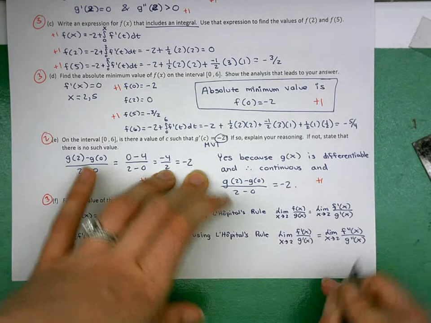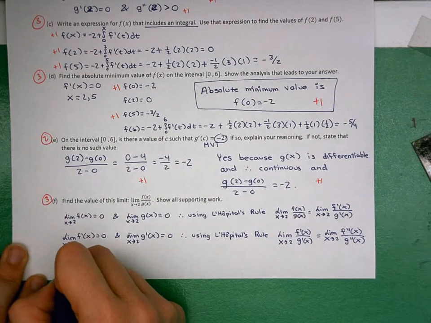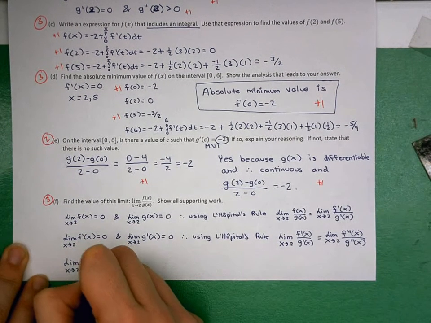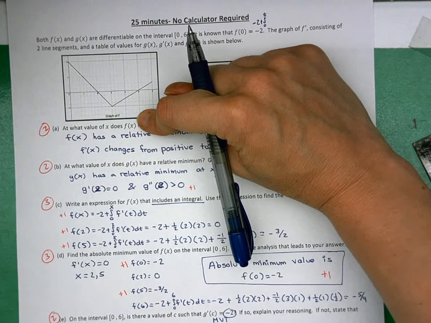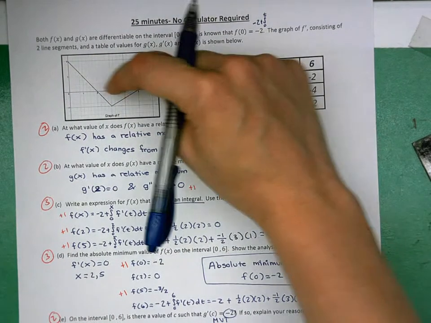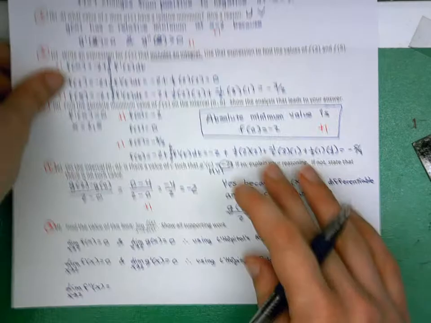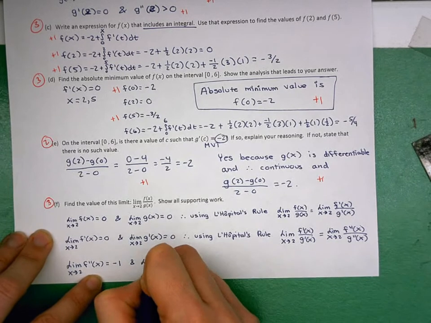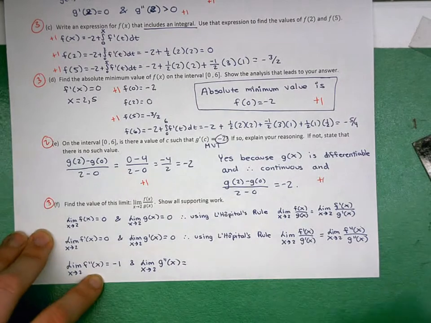And so now when I plug in, the limit as x approaches 2 of f double prime of x equals, okay, well, f double prime is the derivative of f prime, or the slope of f prime. f double prime is down 1 over 1, down 1 over 1, down 1 over 1. So negative 1. So already looking more promising. What about g double prime at 2? g double prime at 2 is 2.